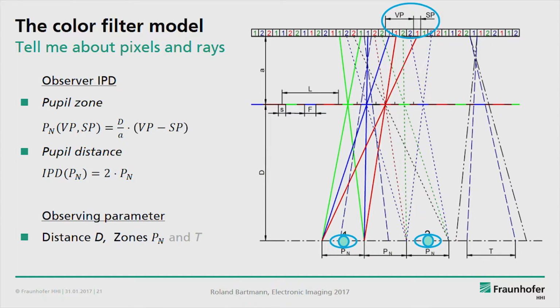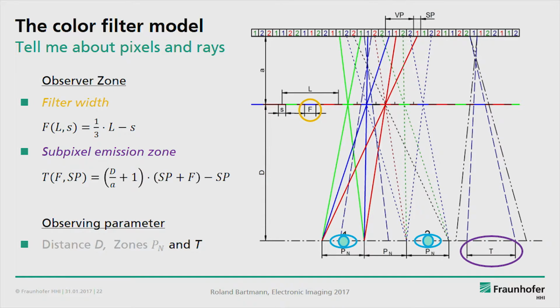And there are some linear equations for the observing zone. Here we have the eyes of the observer, and we want to have this 65 millimeters IPD, and of course there's another zone here.